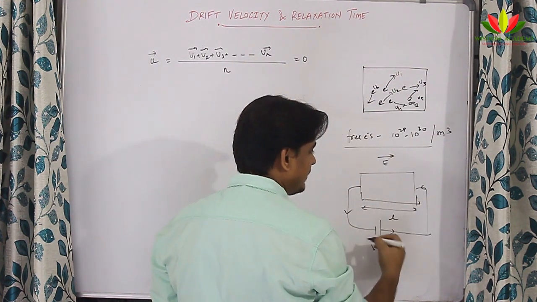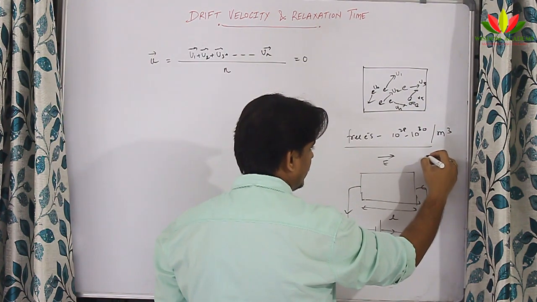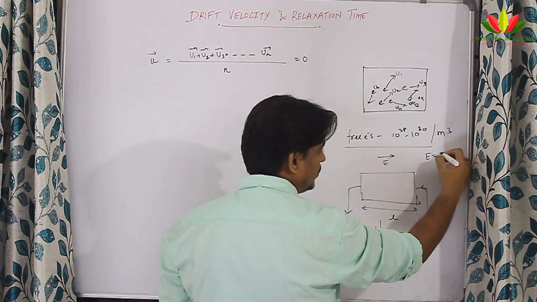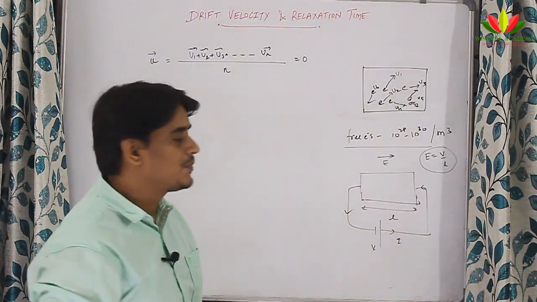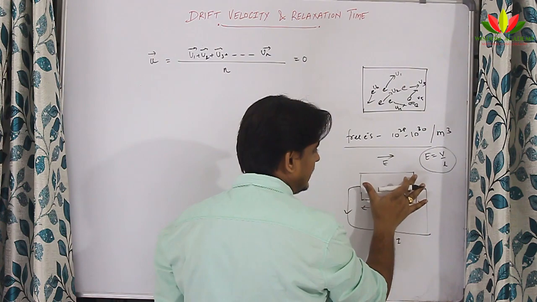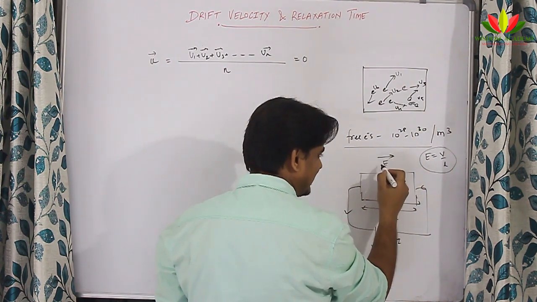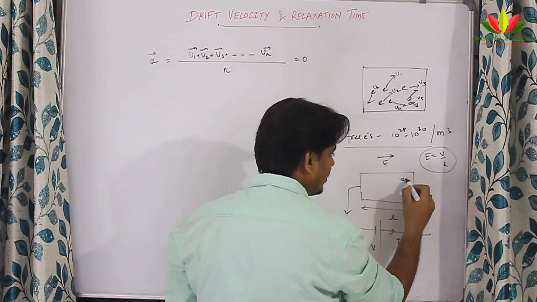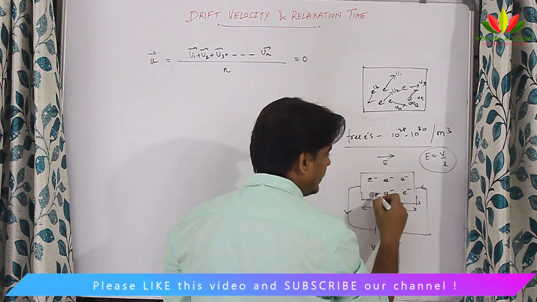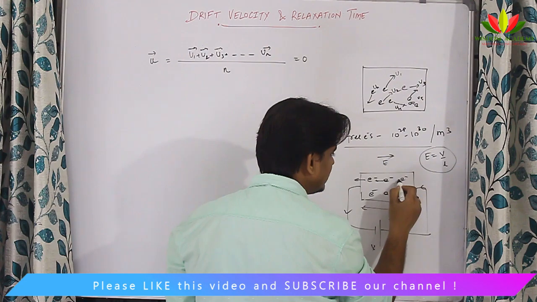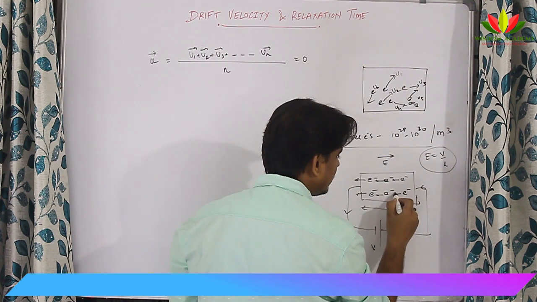Then we know that the electric field will be equal to V by L, isn't it? So based upon that, the electric field is produced. Suppose it is present in this direction, then all the electrons, being negative in nature, will drift in the opposite direction like this.